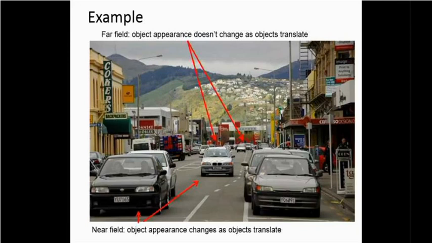So, for example, this car, when it gets closer, is just kind of a scaled version of itself. Because they're both kind of far away from the camera, the shape of the object when it projects on the camera doesn't change much as the object gets closer. It just gets bigger.